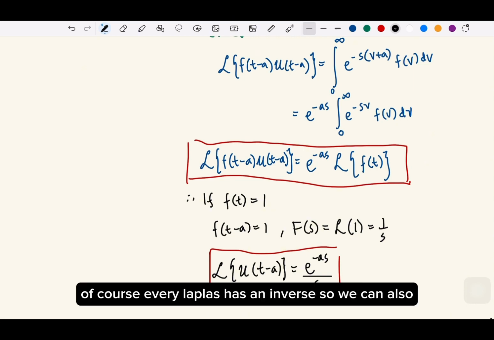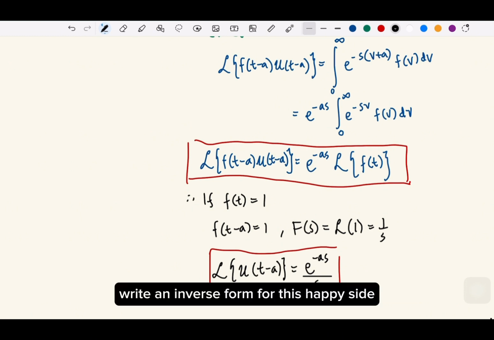And of course, every Laplace has an inverse, so we can also write an inverse form for this Heaviside.